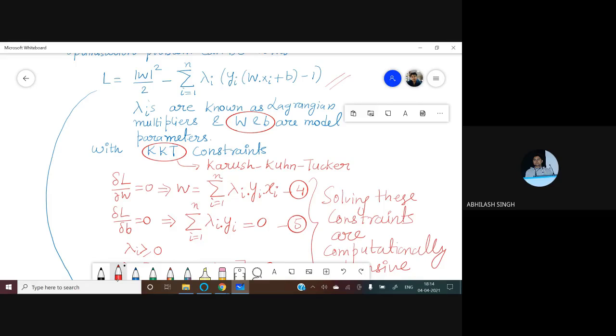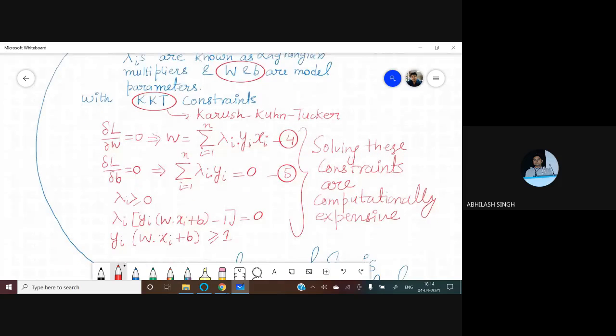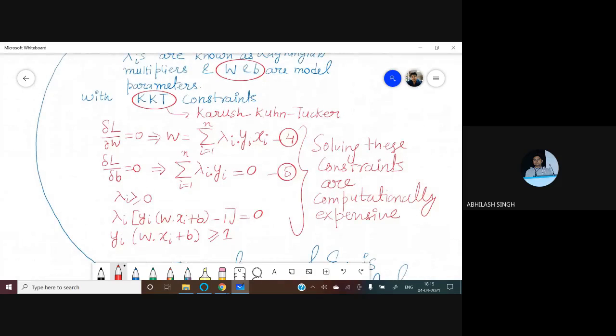So apart from getting this equation from the Lagrangian multiplier concept, you have to apply these constraints. The first condition is simple: just differentiate L that we got from the Lagrangian multiplier with respect to w and with respect to b, and put it equal to 0.